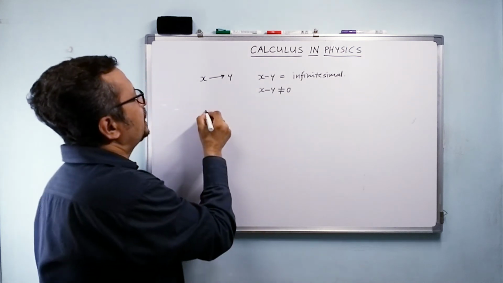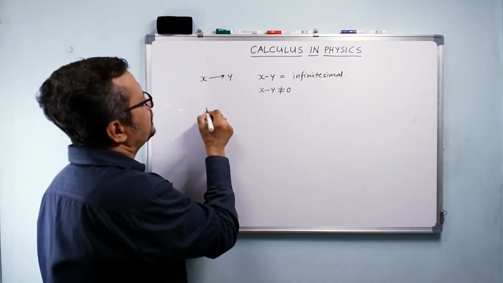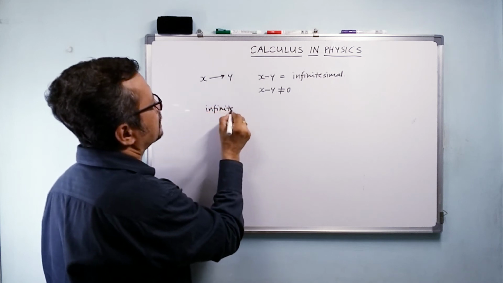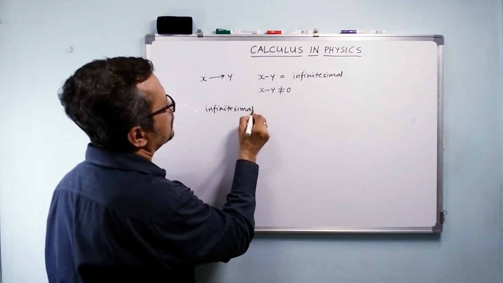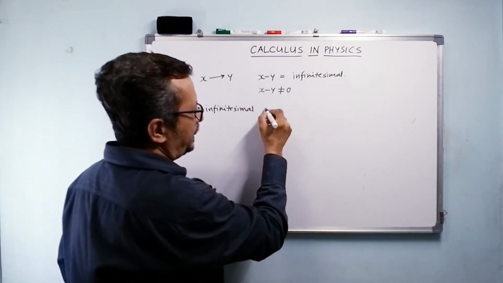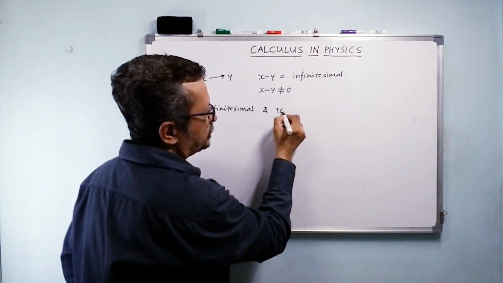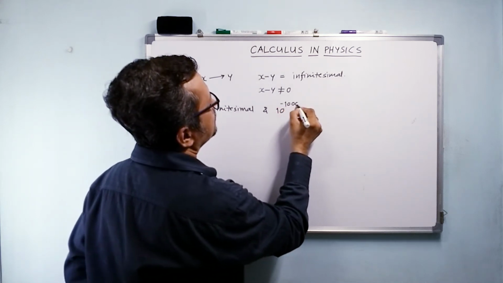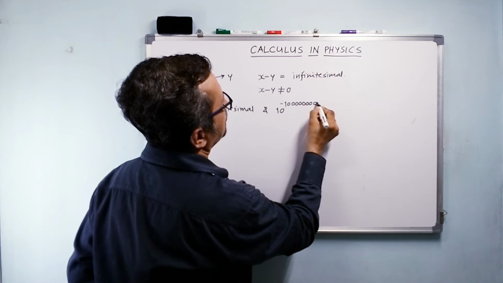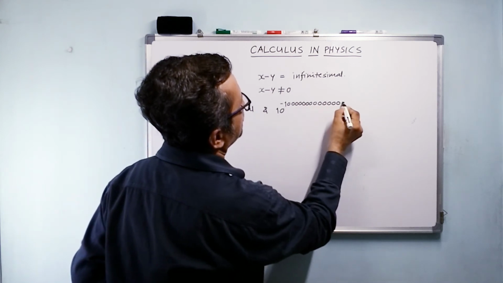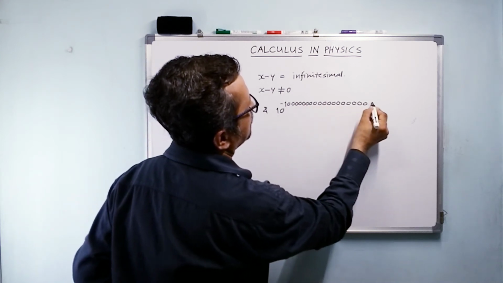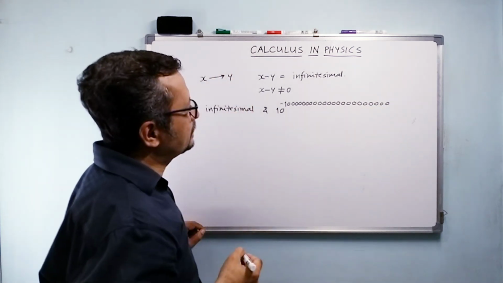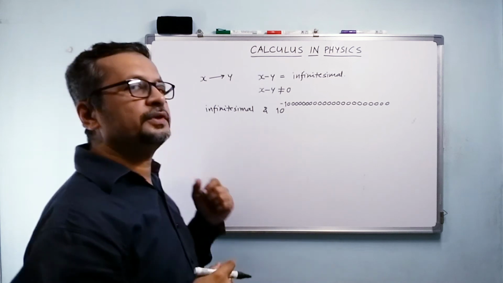Now what about an infinitesimally small quantity? And there is another quantity, 10 raised to power, let us say minus 10, I can go on. Now which one of these two is small?